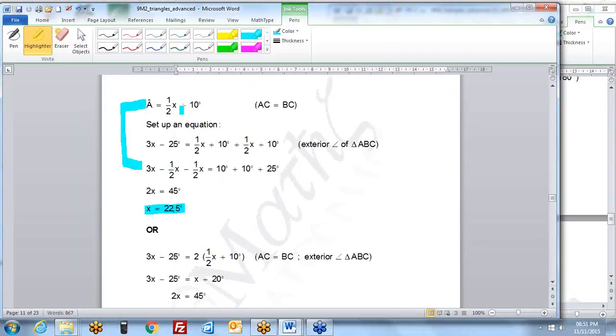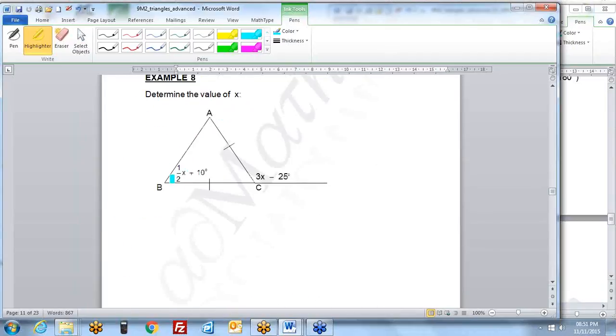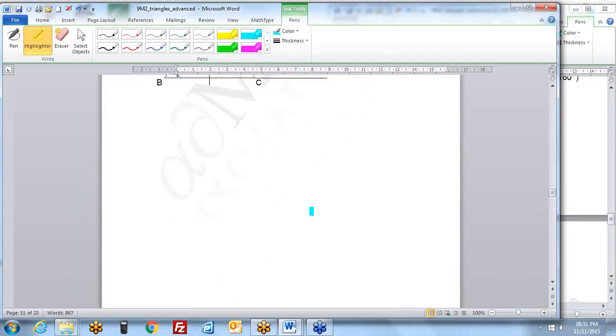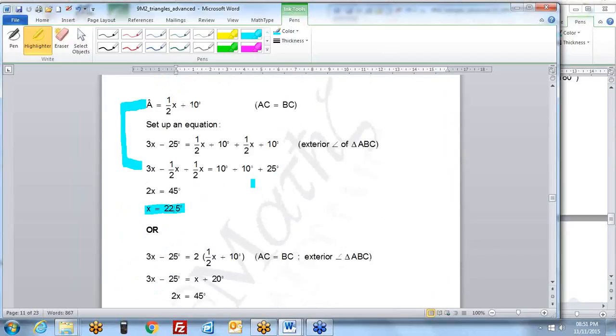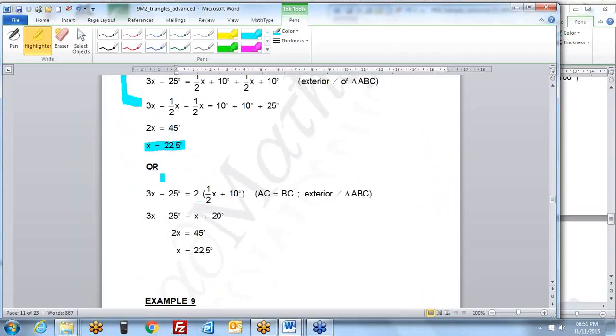So you will say, all in all, that this angle is equal to that angle, and you add these two together to get that one. Therefore, this angle plus that angle equals 3x minus 25, and then that way you solve x. So where you have two steps over here, you just do them combined in one step over here.